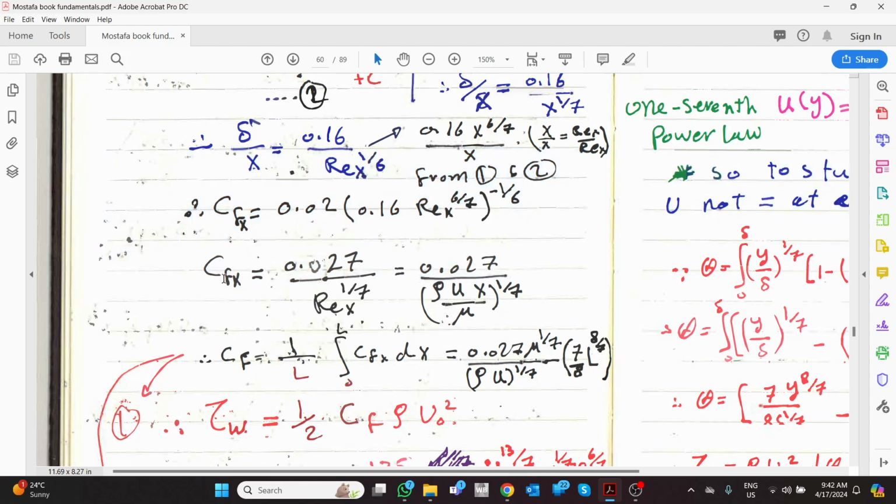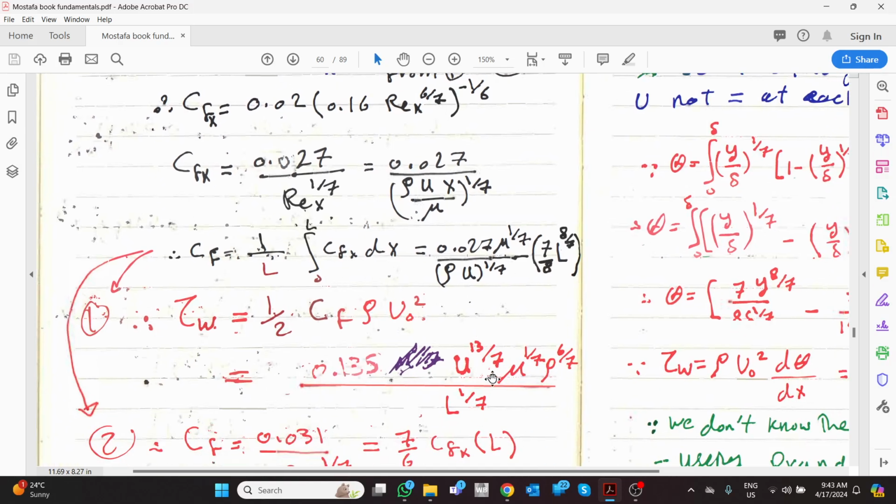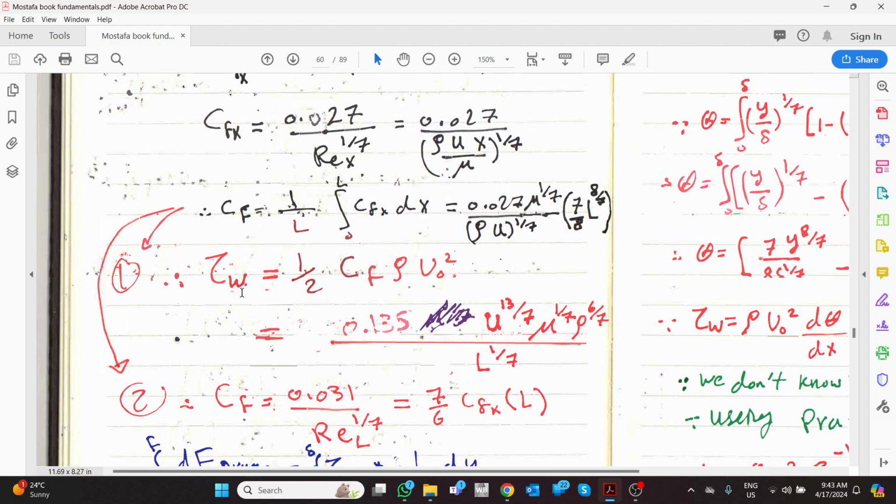If you have a Reynolds number of x, remove it, put the equation of x, then integrate CFX dx from 0 to L. When you do the integration, this is the result of the integration from 0 to L. Then you know that the shear stress is equal to half Cf rho U squared.